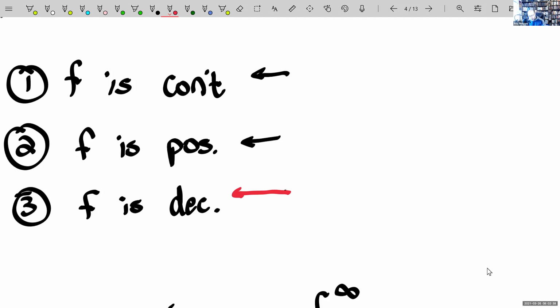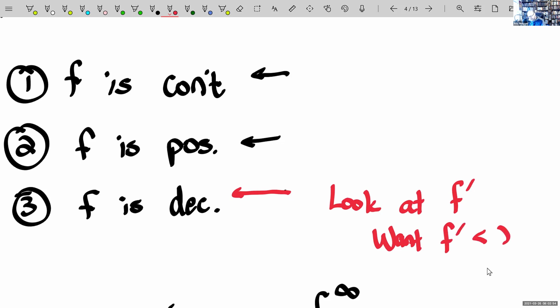Instead, look at the derivative of your function. If it's always negative, then yes, your function's decreasing. You want f prime to be negative because that would imply your function's decreasing. So that's the only thing you really have to do some long-winded handwriting for. Nothing terrible.